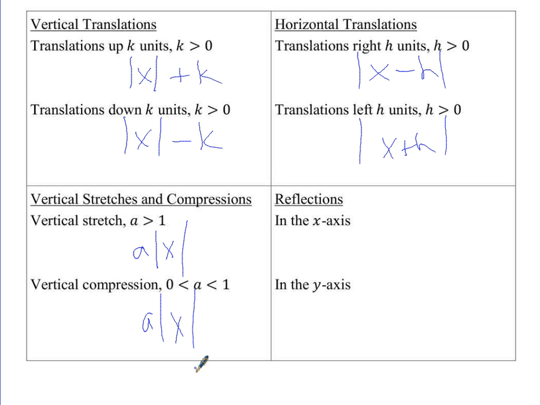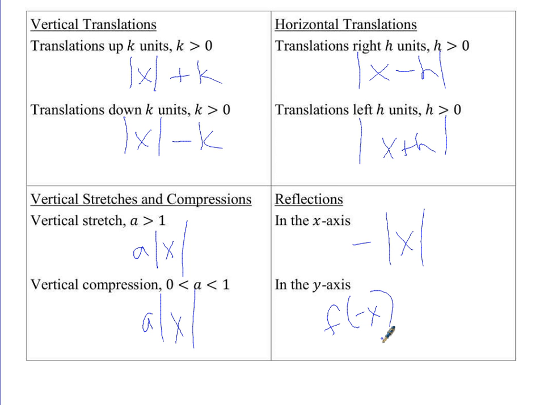If I want to reflect in the x-axis, the negative will go out front of the absolute value. If I want to reflect in the y-axis, I'm going to write this a little bit differently. I'm going to use function notation here instead. I could have been using function notation on all of this. f of negative x still.